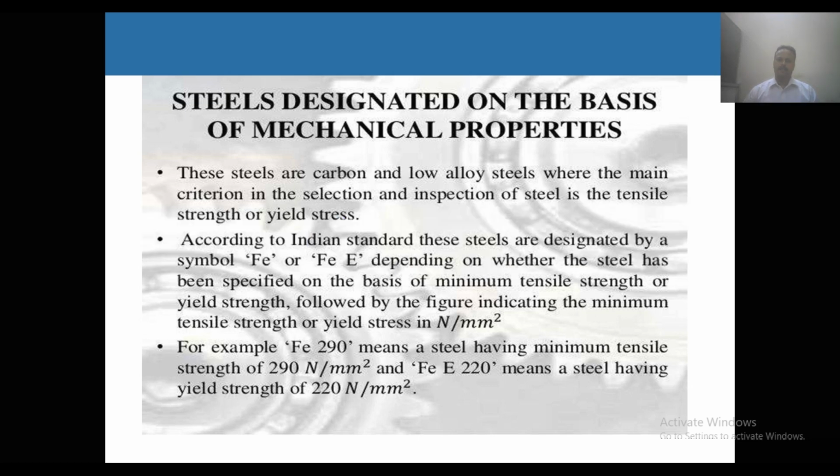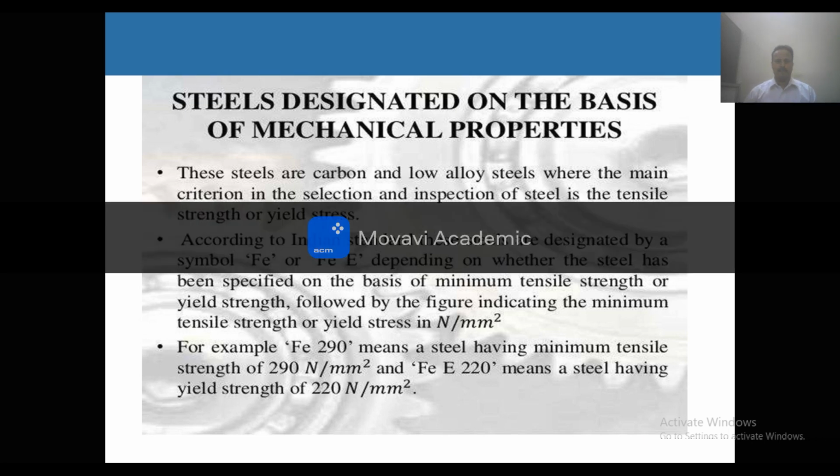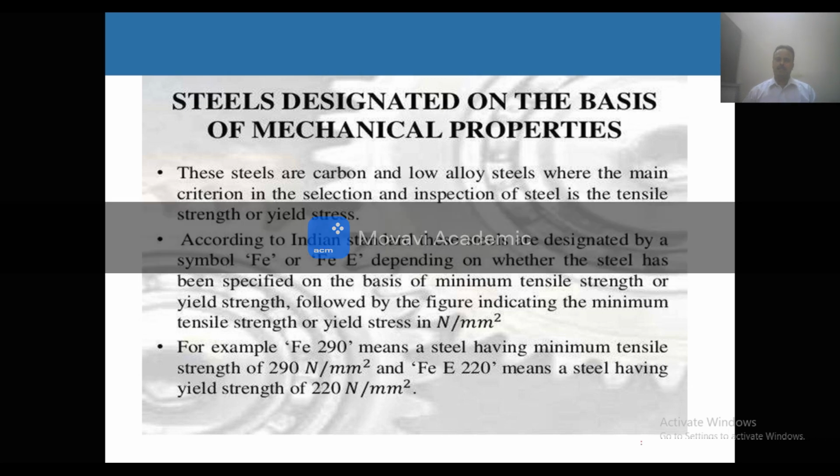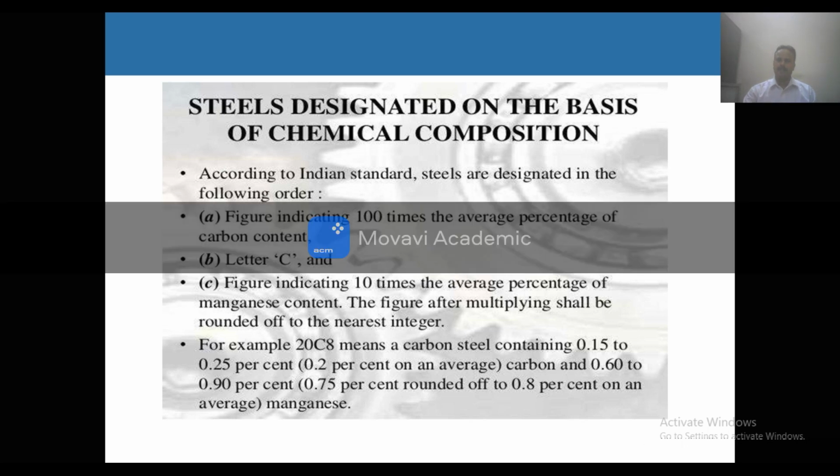Now if we see the designation of steels, let us say for example we have Fe290. Fe290 means that Fe corresponds to the fact that it is a steel, and 290 corresponds to a minimum tensile strength of 290 Newton per mm square. Similarly, if we say 20C8, this is another way of representing.